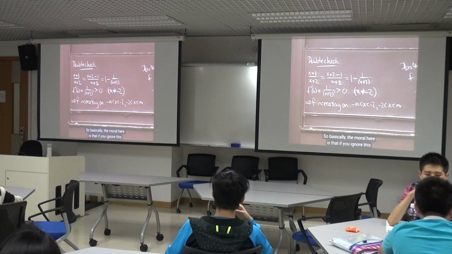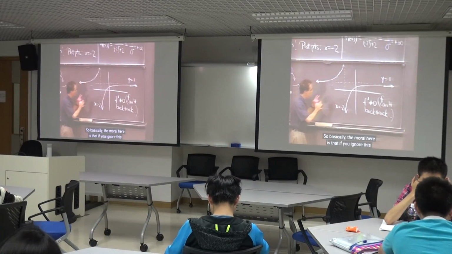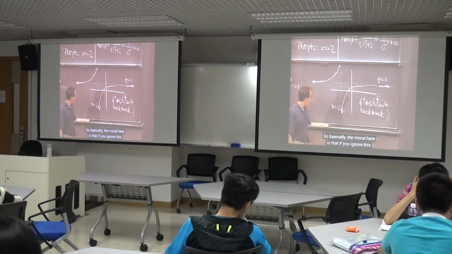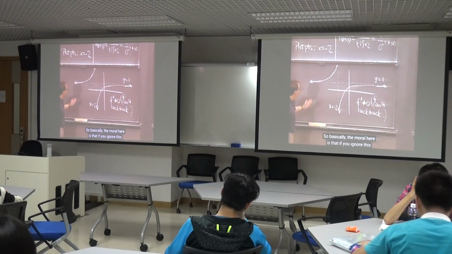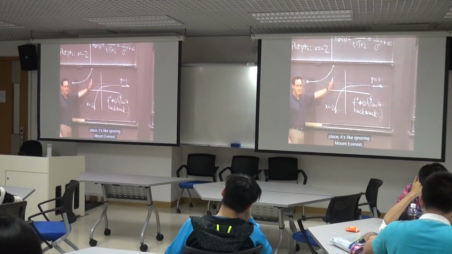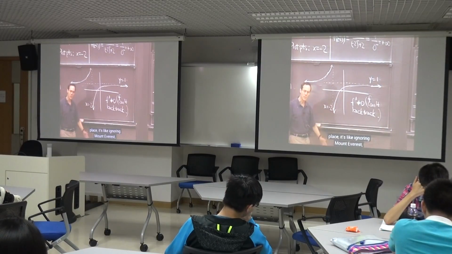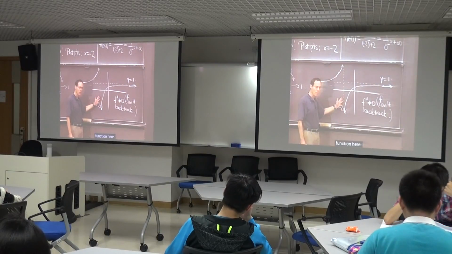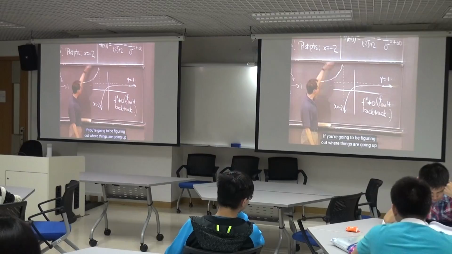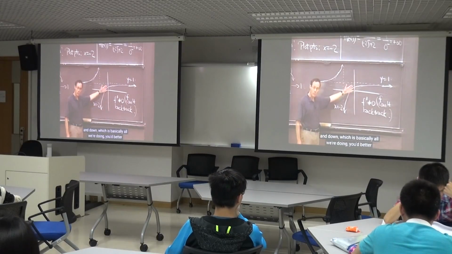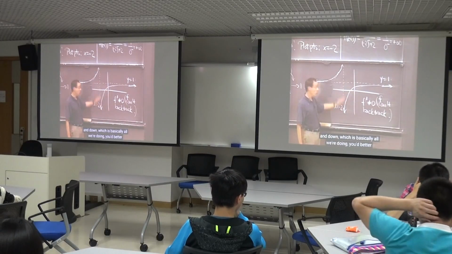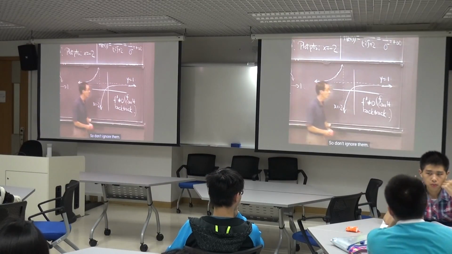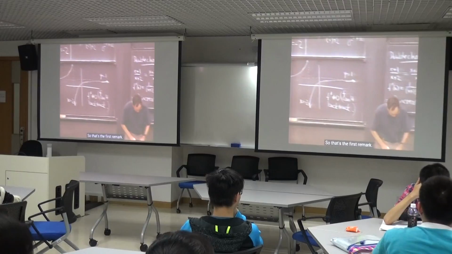So basically, the moral here is that if you ignore this place, it's like ignoring Mount Everest or the Grand Canyon. You're ignoring the most important feature of this function here. If you're going to be figuring out where things are going up and down, which is basically all we're doing, you'd better pay attention to these kinds of places. All right, so don't ignore them.